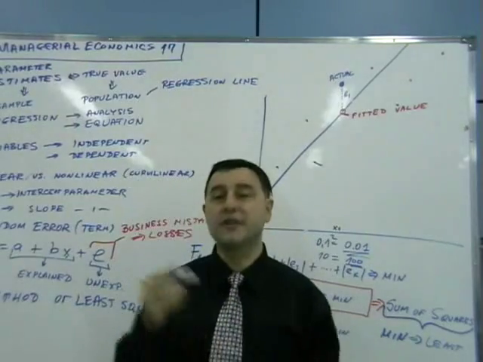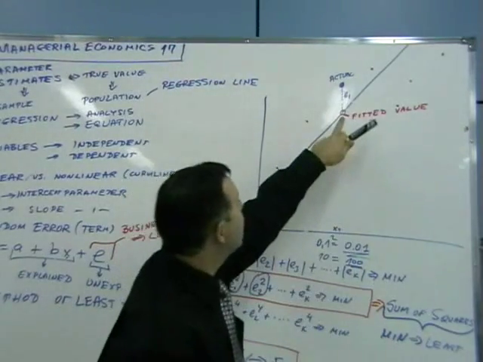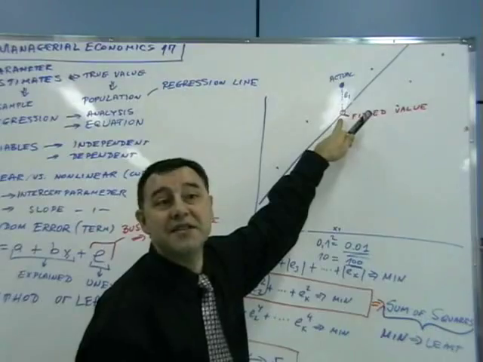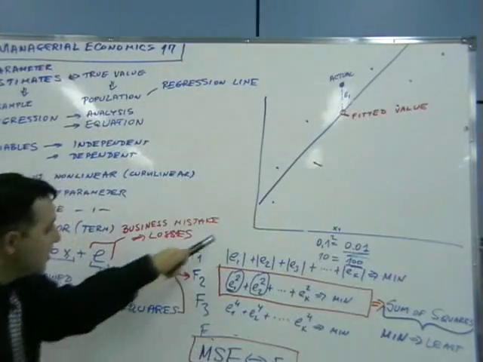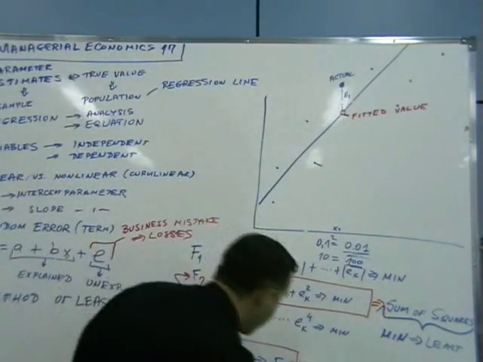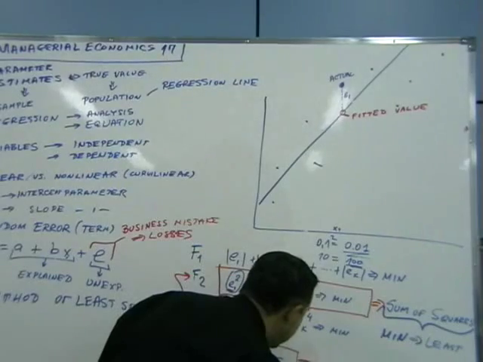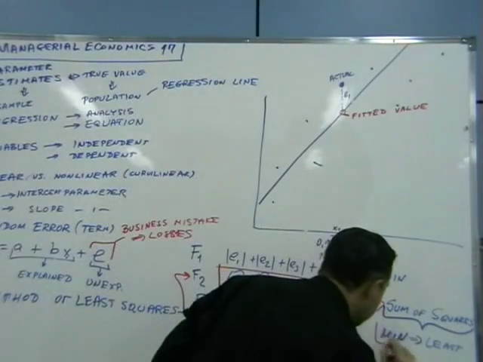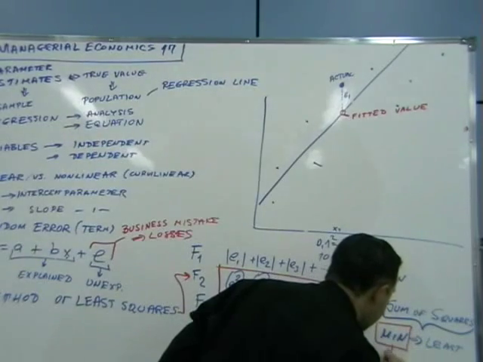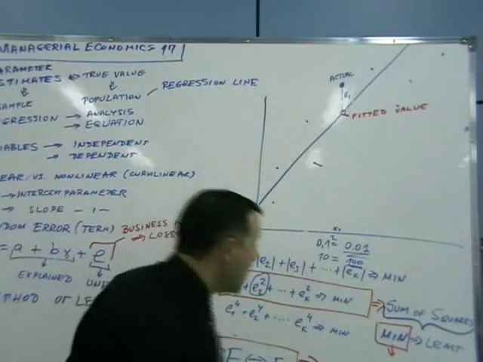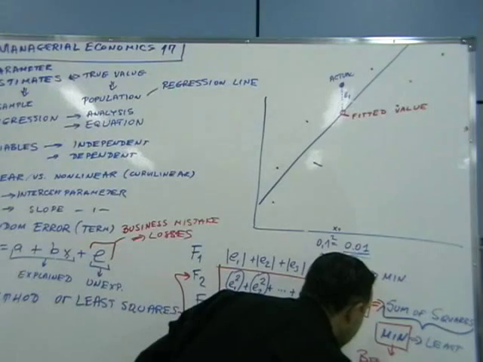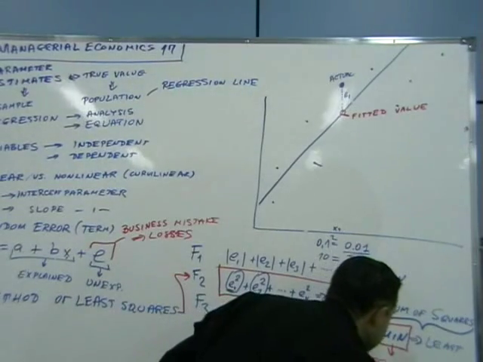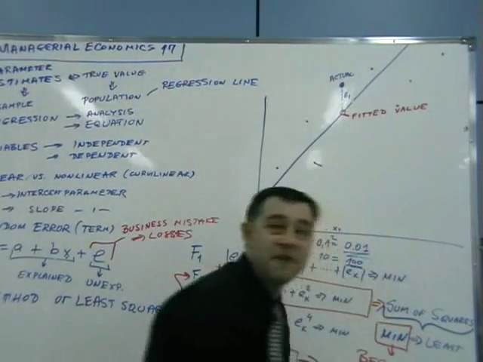Well, why do we call it fitted value? Well, because it represents the best fit. In other words, for all of these, the sum of squares, the concept is that if you minimize the value, the regression line represents what is known in statistics as a best fit.